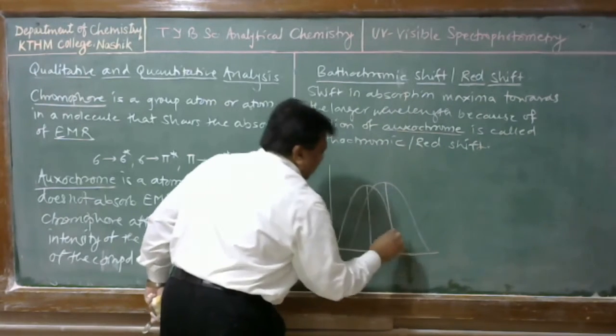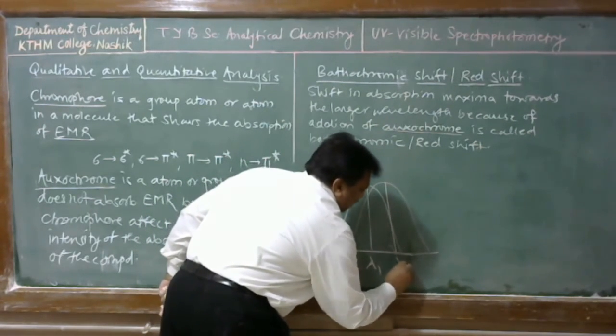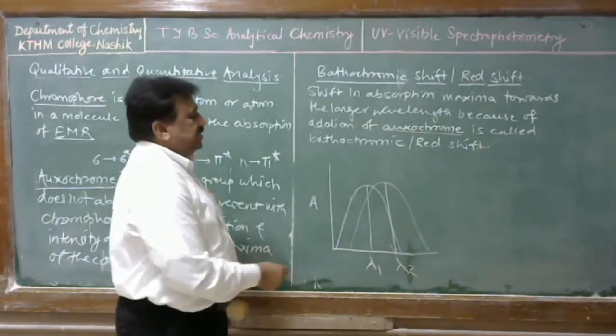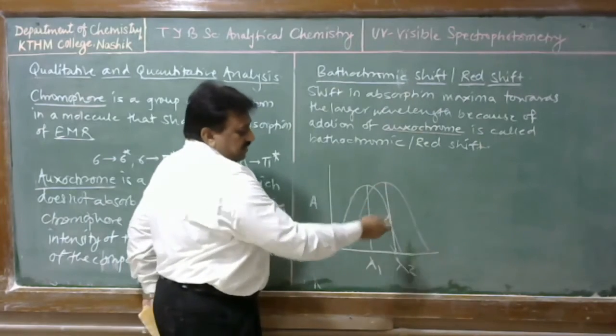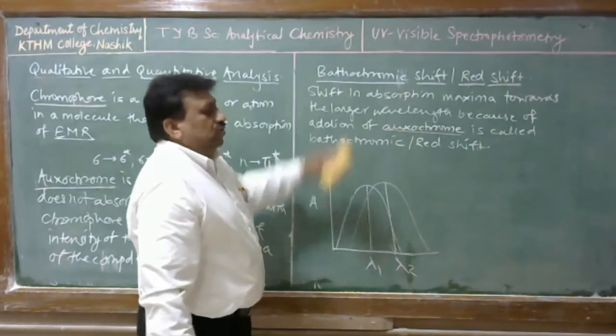Initially the absorption maximum was at lambda 1, now it is at lambda 2. That means a shift in the absorption spectrum towards longer wavelength is called a red shift or bathochromic shift.